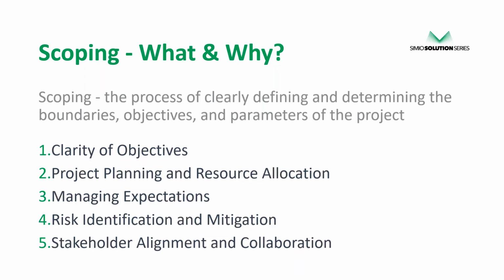But down to number 5, that could also be seen as number 1. You'll see a common theme throughout this presentation that communication and collaboration is essential to scoping. So really having that alignment of your stakeholders is another major objective with scoping.